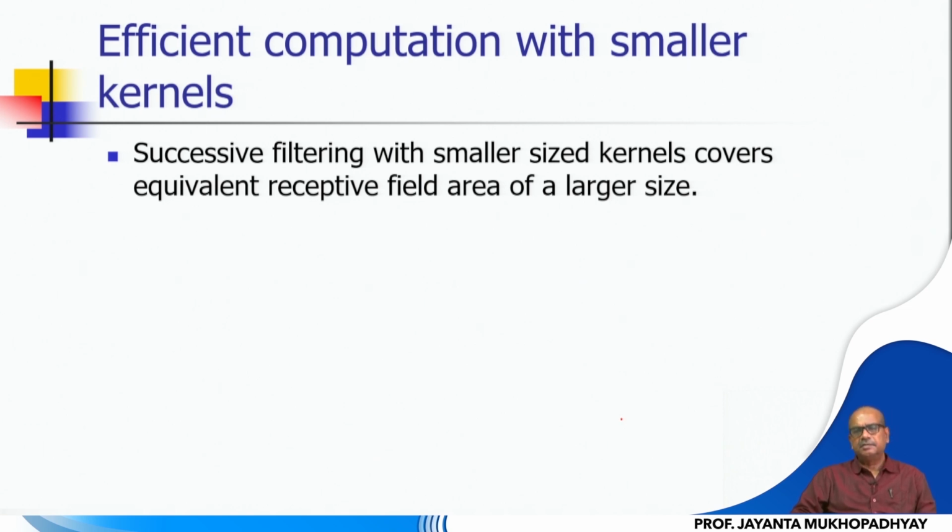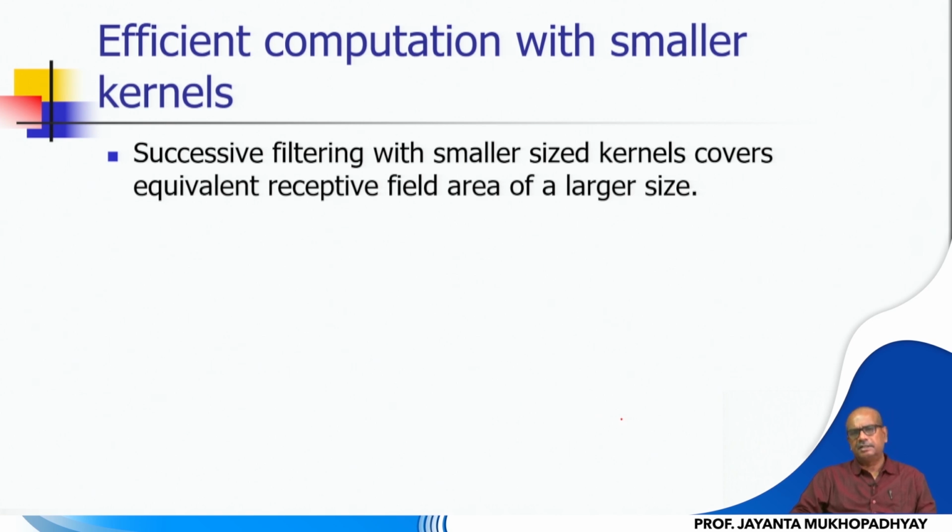Now, there are certain issues regarding the computations in the convolution layer, and some of those issues are addressed, and accordingly this architecture has also evolved. First, it has been observed that these computations can be done efficiently with smaller kernels.